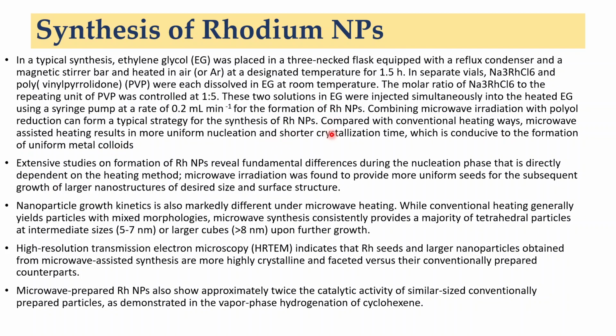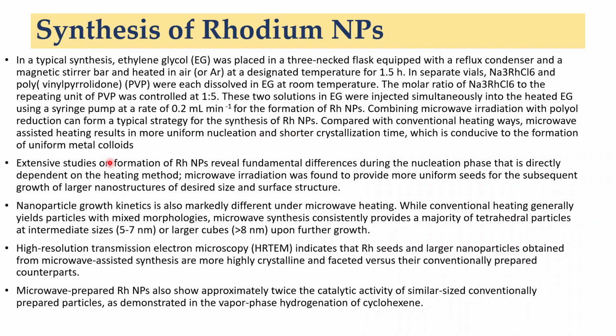And the two methods are discussed. First is the simple heating method, and second is the conventional heating plus the microwave assistance method. Compared to the conventional heating, the microwave assisted method is faster, with more uniform nucleation.